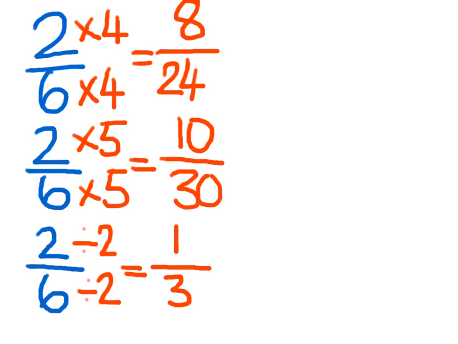So we've got 3 equivalent fractions. We have 8 24ths, 10 30ths, and 1/3. So the key thing to remember is if you're multiplying to make another equivalent fraction, you need to multiply by the same number on the top and the bottom. And when you're dividing, you need to divide again by the same number, and it makes it easier if it's a number that goes into those two numbers. So for example, 2 goes into both 2 and 6.